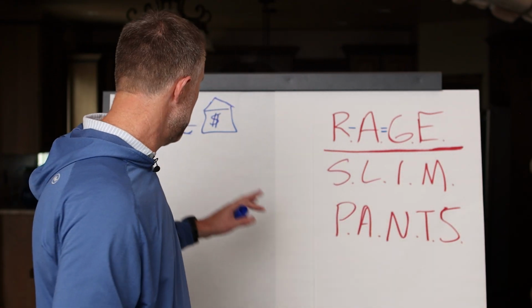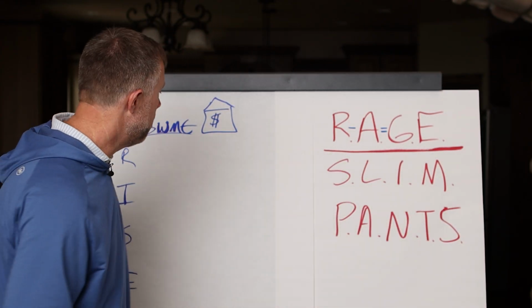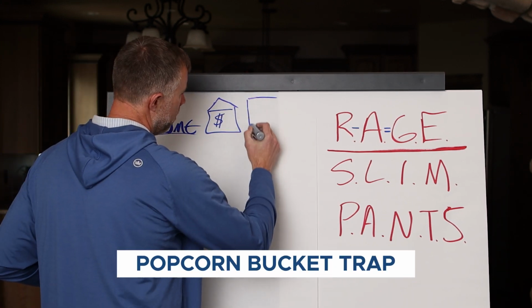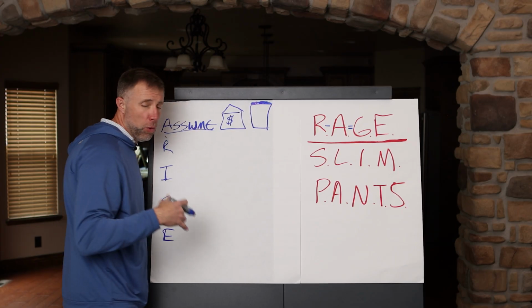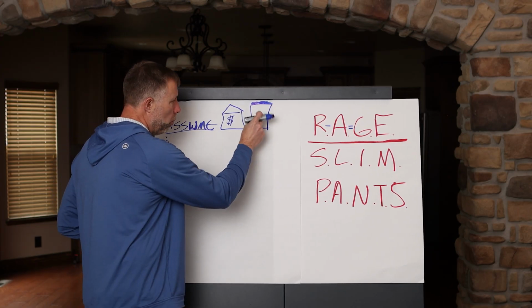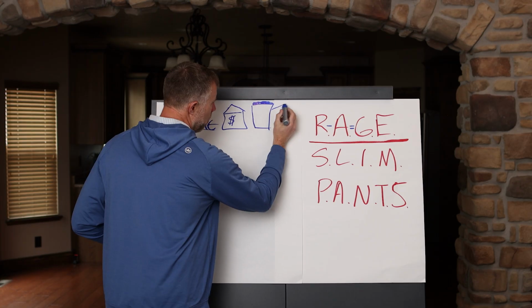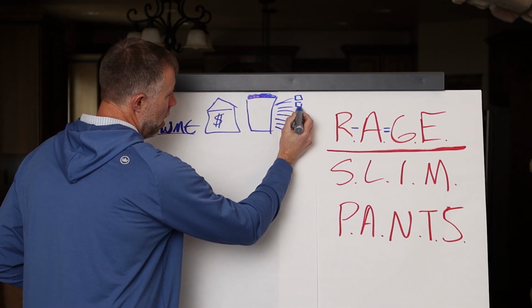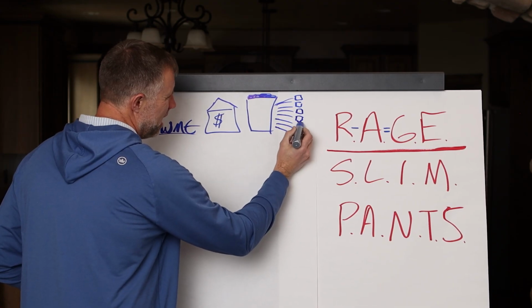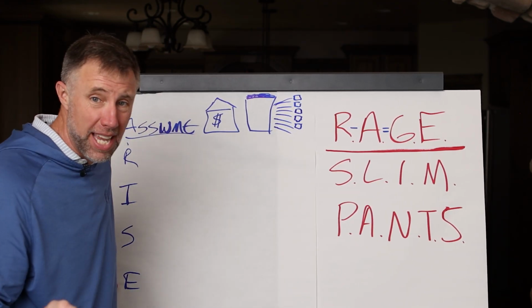And we assume that money in the bank means safety, but really what we're in is what I call a popcorn bucket trap. So imagine a popcorn bucket with a bunch of popcorn in it, and the popcorn represents your money. When it's all in one bucket, we think it's all ours. Instead, what we want to do is subdivide that one bucket into smaller buckets all the way down, 7, 8, 9, 10 smaller buckets. Yes, actual bank accounts at your bank.